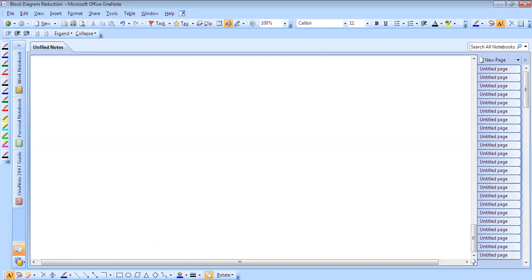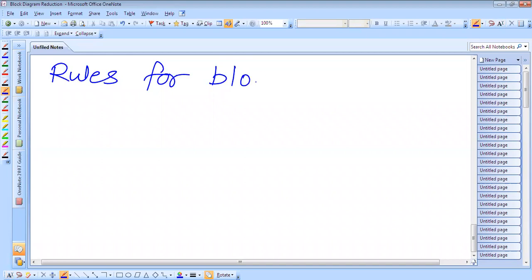If you use these rules, you will definitely solve the block diagram problems. These are the important rules for block diagram reduction.